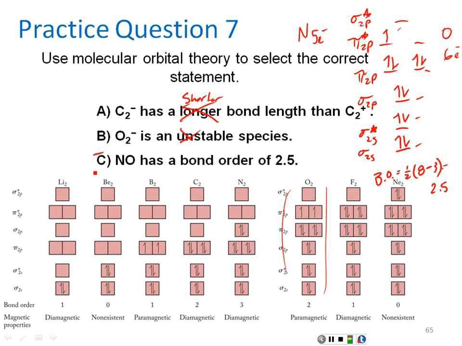So that is a correct statement. And what if you didn't know that the pattern for NO followed the same as O2? Well, if you used the molecular orbital pattern for N2, you would actually get the same answer for NO. And we're going to see an example of NO here in a minute. We're going to talk a little bit more about this.